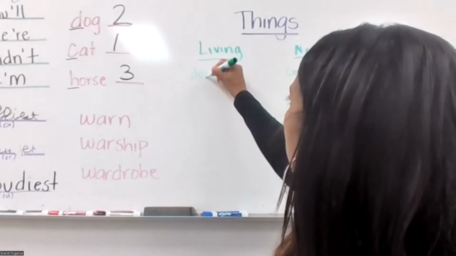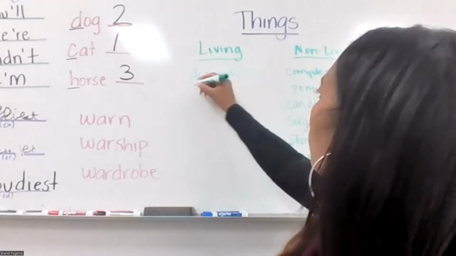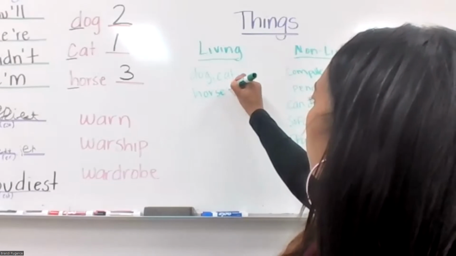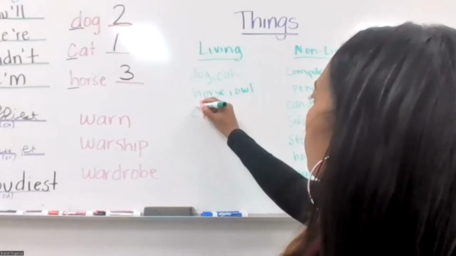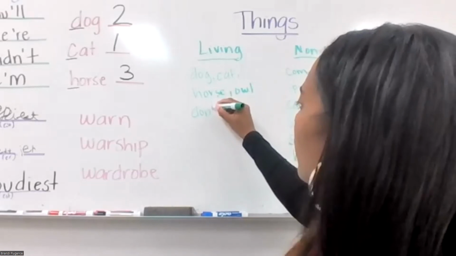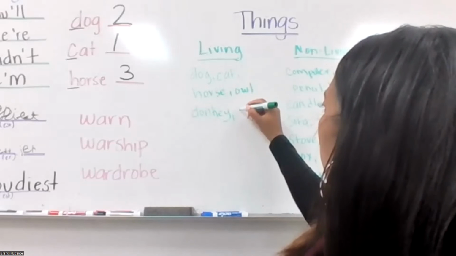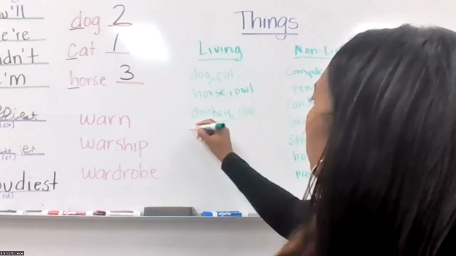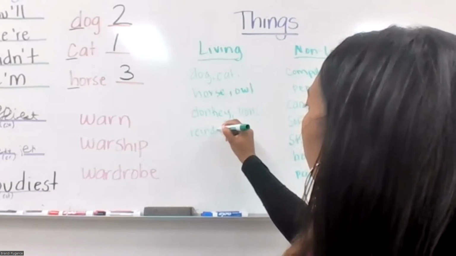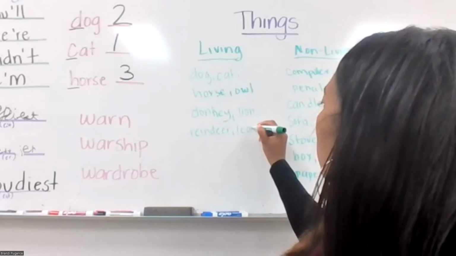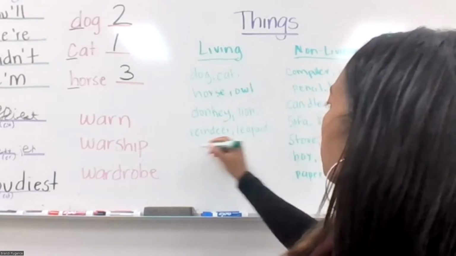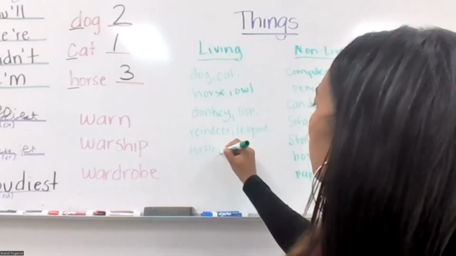So for living, we said a dog, a cat, a horse, owl, donkey, a reindeer, a lion, a leopard, cheetah, turtle, fish.